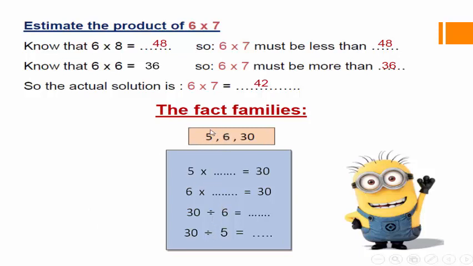If I use the smaller two numbers, I get the multiplication: 5 times what equals 30? 6. 6 times what equals 30? 5. 30 is the biggest, divided by any one of them gives me the third. 30 divided by 6 equals 5. 30 divided by 5 equals the third, 6. So from any three numbers we can make four relations: two multiplication and two division.